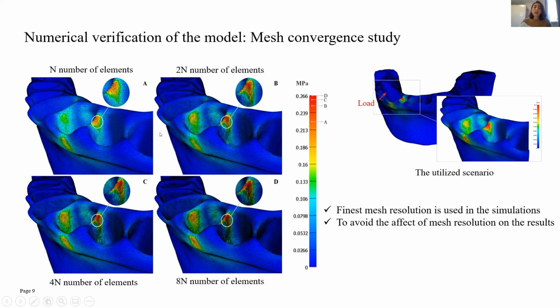While doing this, we see how the stress distribution and stress concentrations change in our simulation results, and whether our results depend on the size of the elements. And then we use the finest elements in order to ensure that our results are reliable and are not affected by the mesh resolution.